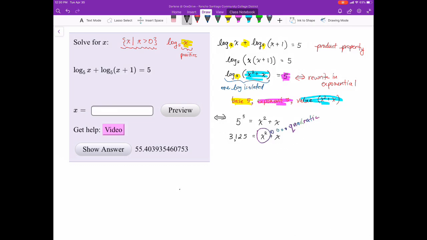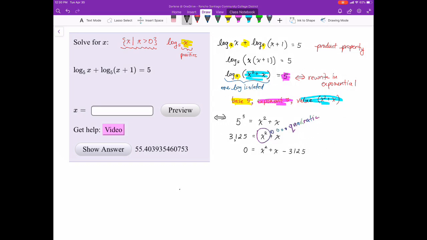We've got to get 0 on one side. So let's move the 3,125 over to the right side and get 0 equal to x squared plus x minus 3,125. Now, there are no two values that multiply to negative 3,125 and add to positive 1.